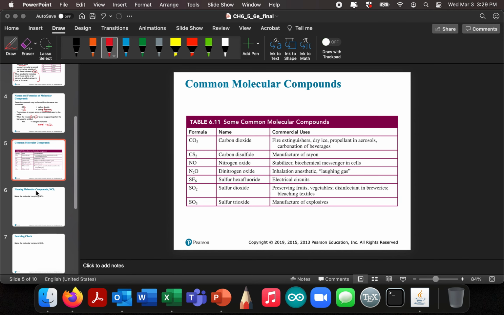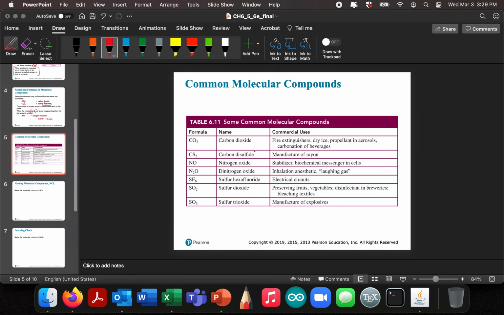All right, so here are some examples of some covalent compounds. Carbon dioxide, this is from your textbook, table 6.11. Carbon dioxide, used in fire extinguishers and so on. CS2, manufacture of rayon, nasty stuff. Nitrogen oxide, this is a stabilizer, and it's also a biochemical messenger in cells. This is real interesting.